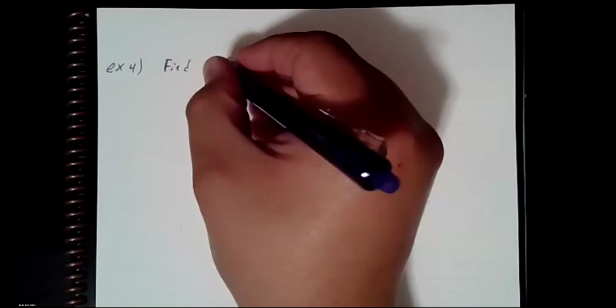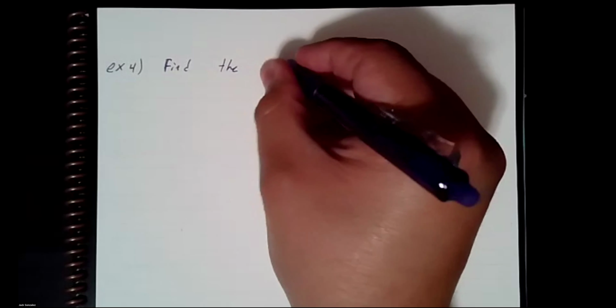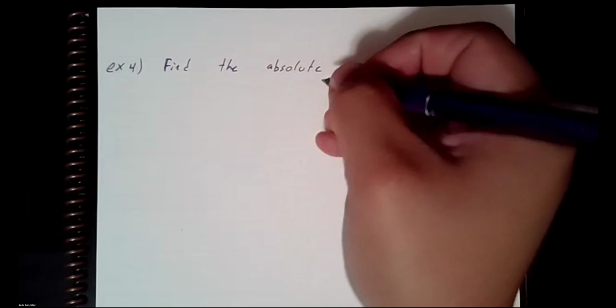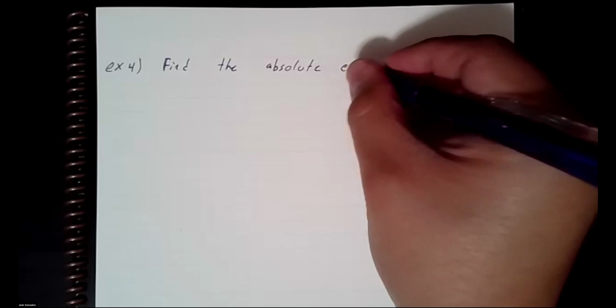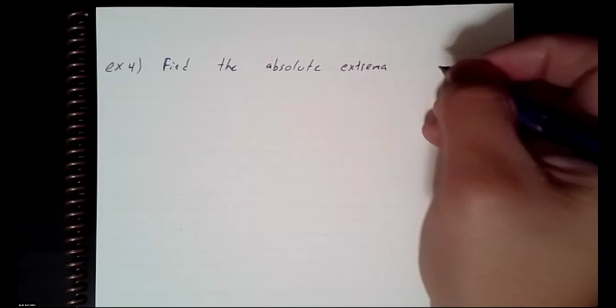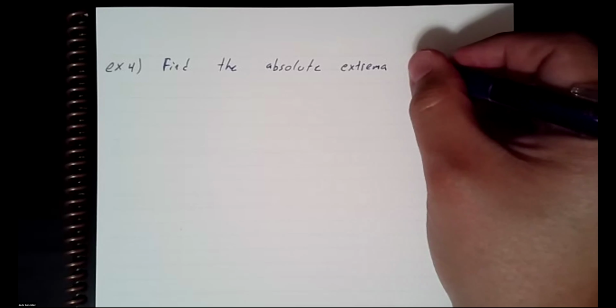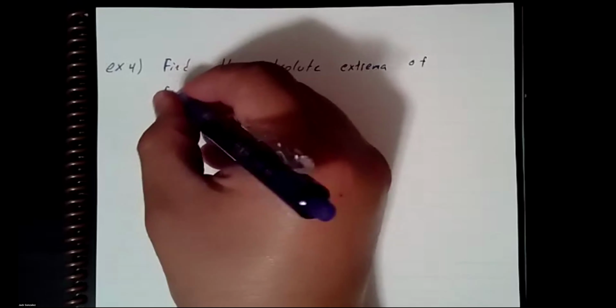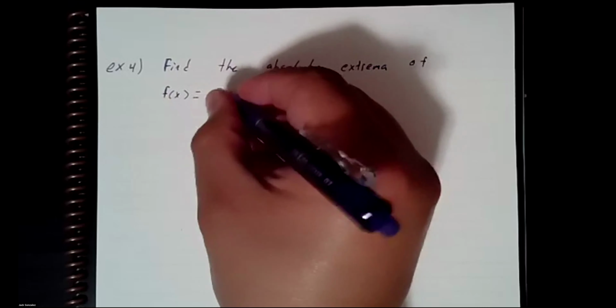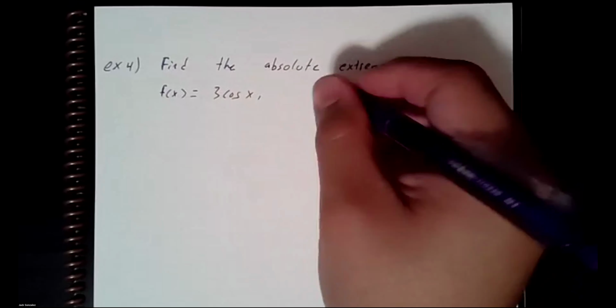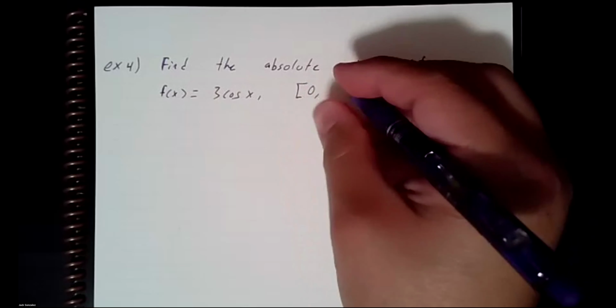Let's do another one. Find the absolute extrema of f of x equal to 3 cosine x. And it'll be closed. We'll do one more of these type, and then we'll move on.